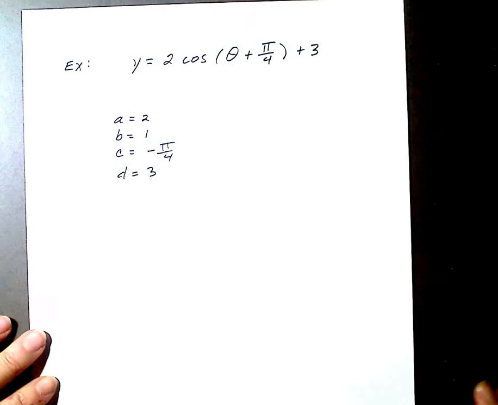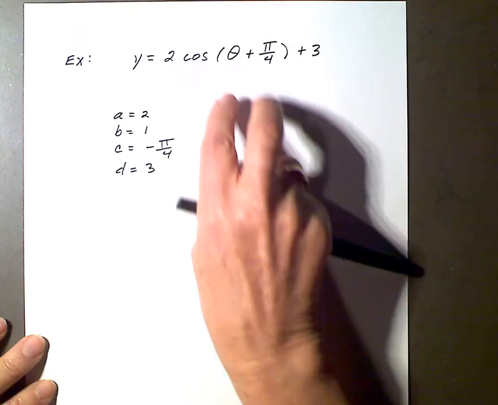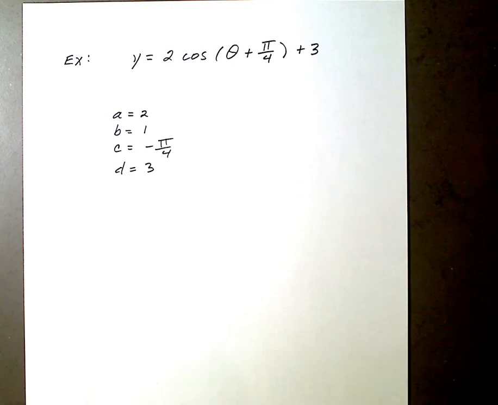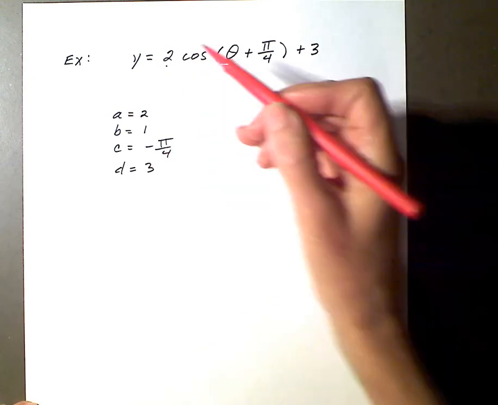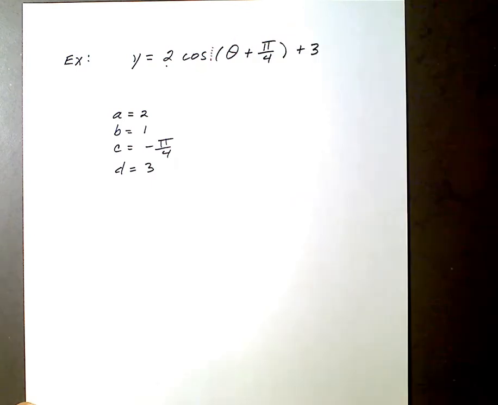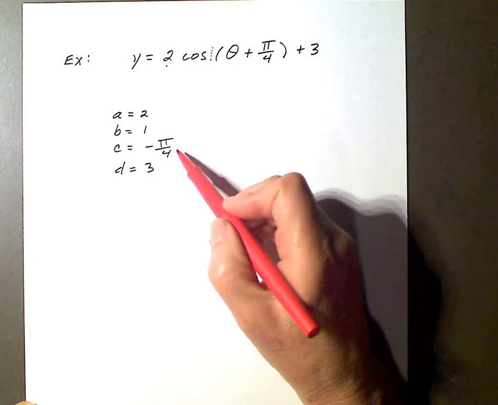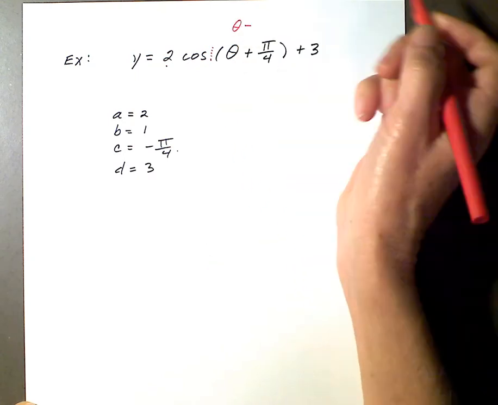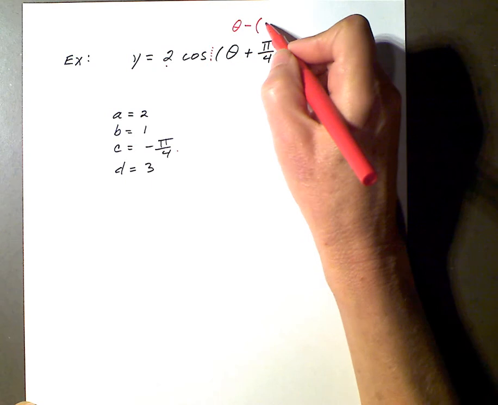Y equals 2 times the cosine of theta plus pi over 4, plus 3. So just identifying this, A is 2. B is just invisible, it's a 1 right here, so that's not going to change anything. C is negative pi over 4, because this is a subtractive format, it'd be theta minus negative pi over 4.